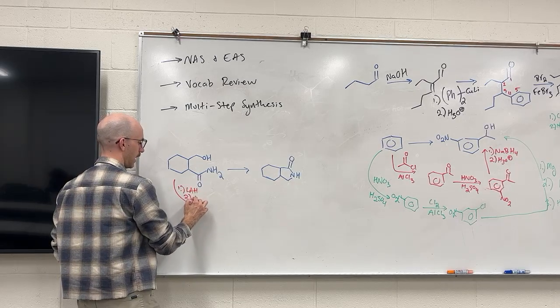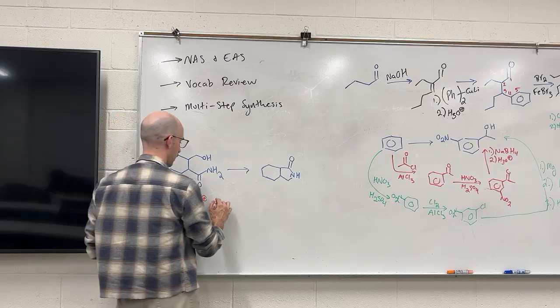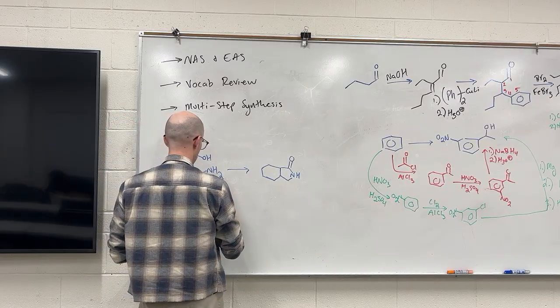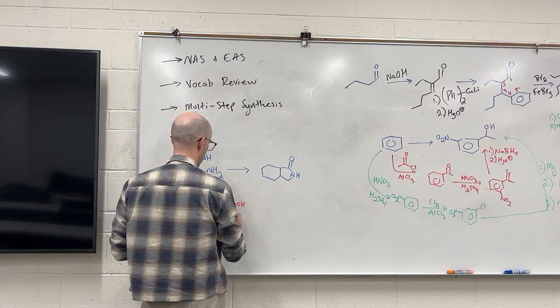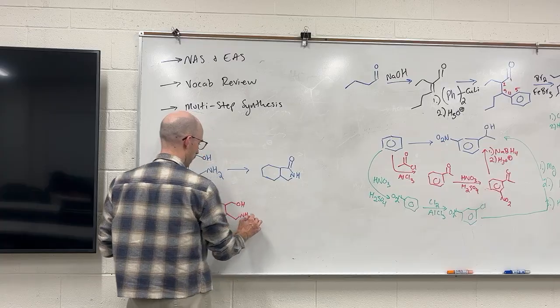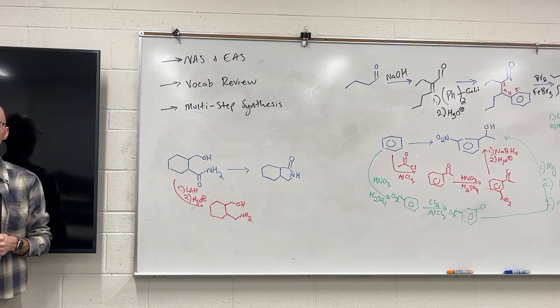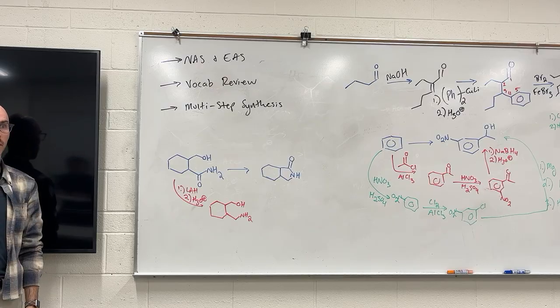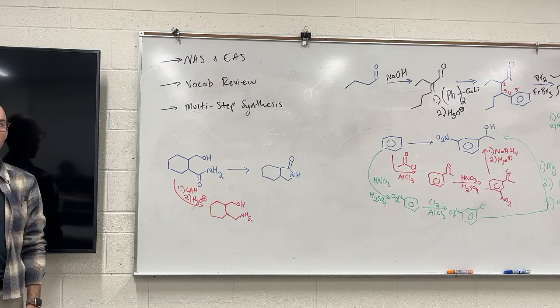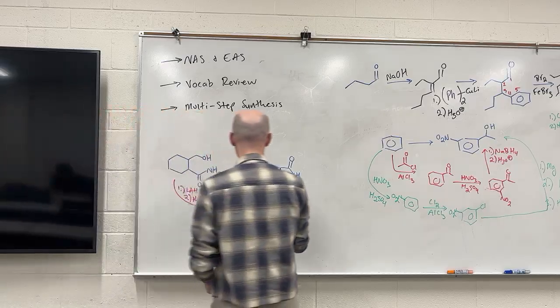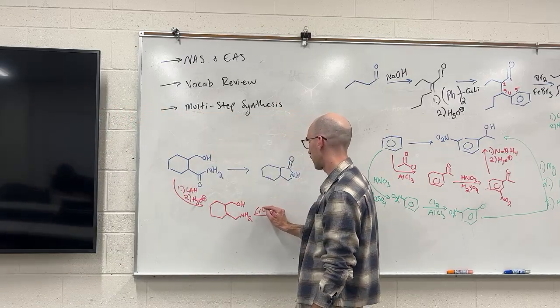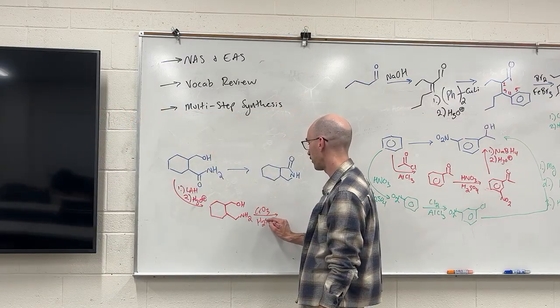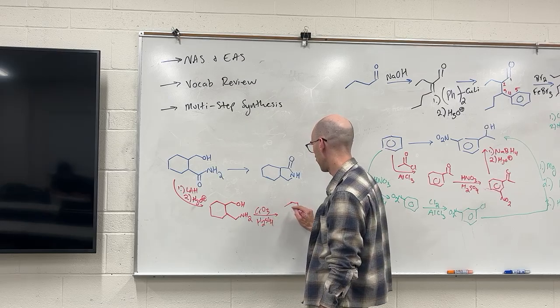Reduction with LAH takes an amide down to an amine. All of the other carbonyl groups get reduced down to an alcohol, but the amide gets reduced down to an amine. Then I can oxidize the alcohol to become a carboxylic acid.